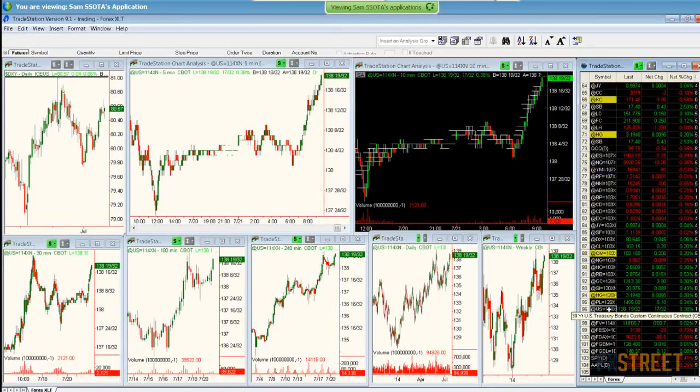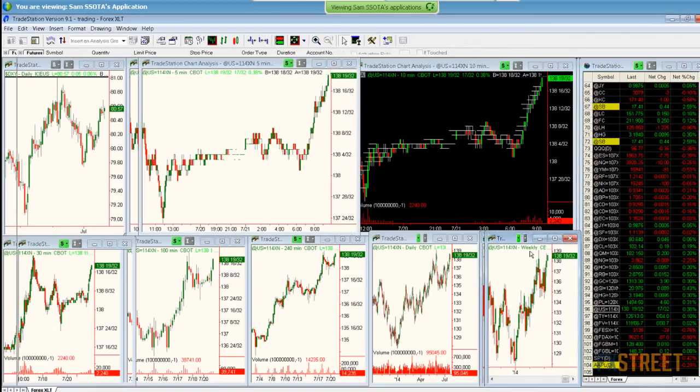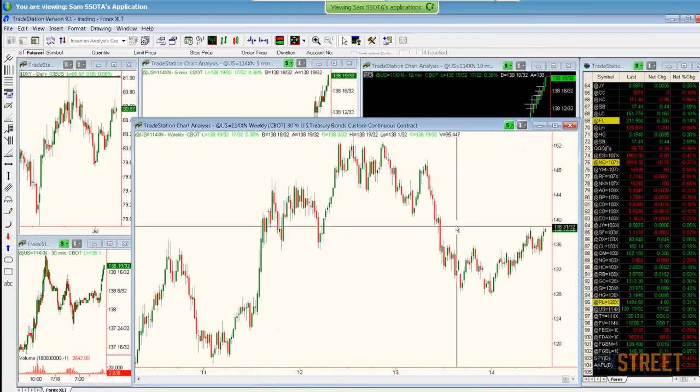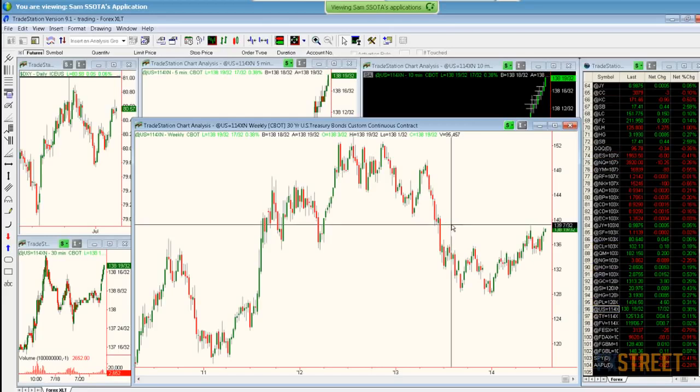So here is the 30-year. Let's take a look. There's the weekly, and what I want to point out on the weekly is this level right here. Someone wanted to look at a 30-year, which I love looking at this market.